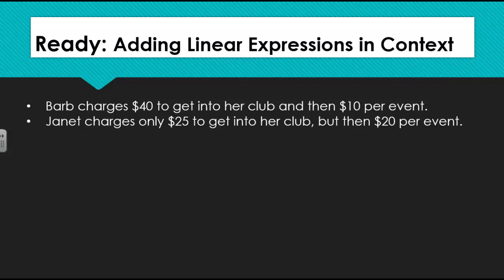First, we're going to write a function to represent the total cost for each club. The first function, Barb's function, is b of x equals 40, which is our constant.